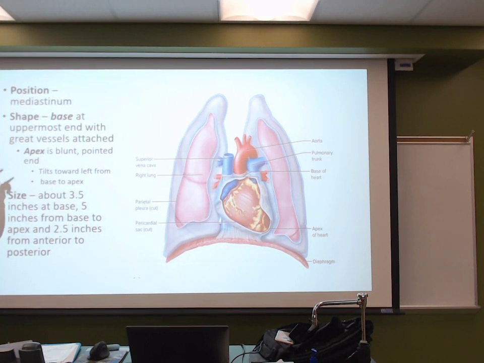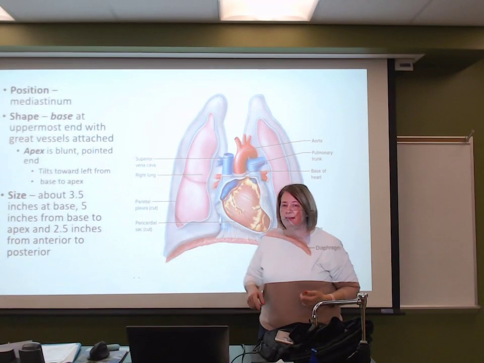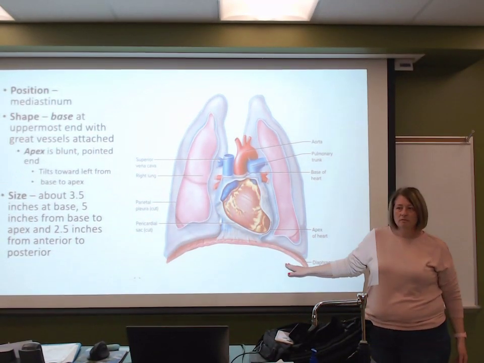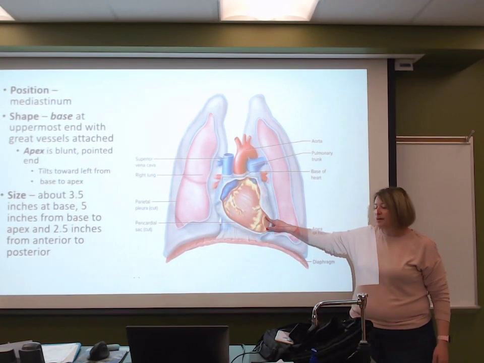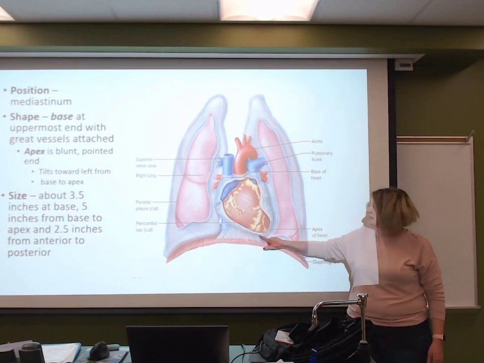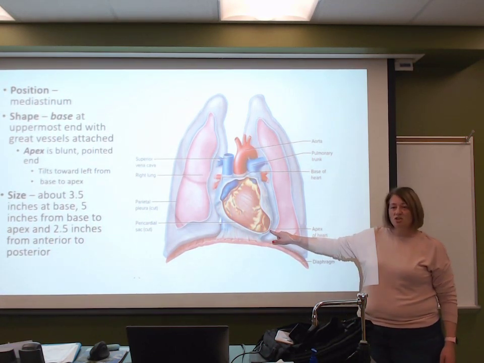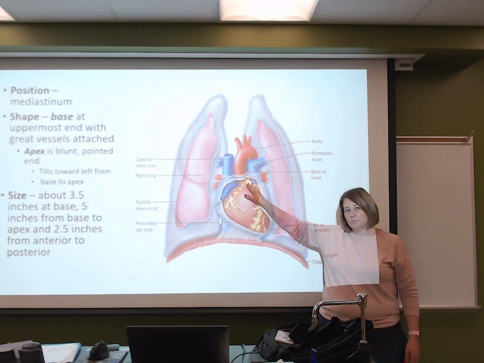It is backwards, all right? It's flipped. When I think of a base, I think of down here. But because the heart comes to a point, not a sharp point, but it comes to a point, that is your apex. This is the base.